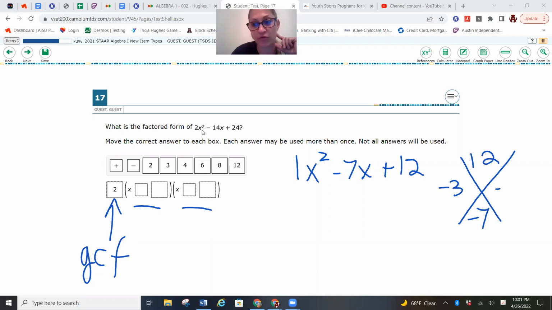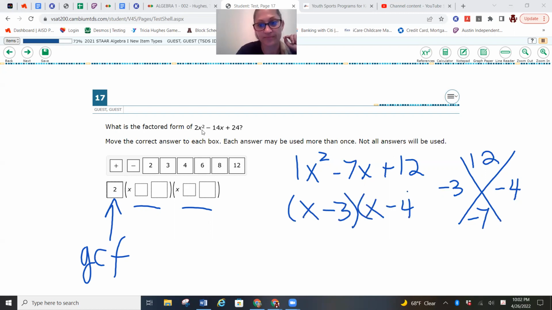Yes, negative 3 times negative 4 makes positive 12 and add to negative 7. So our answer should look like this. So now there's already an x. Go ahead and drop your minus sign, your 3, drop your minus sign, and your 4. Now submit that, call it a day.